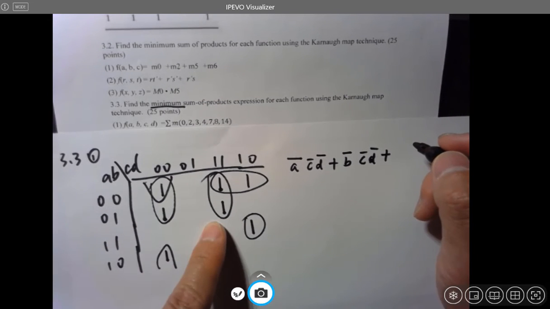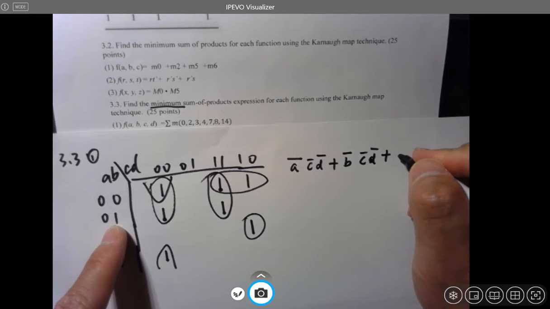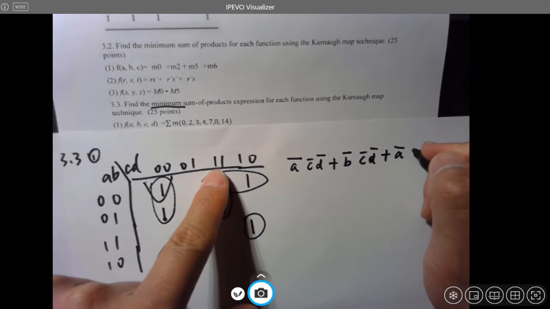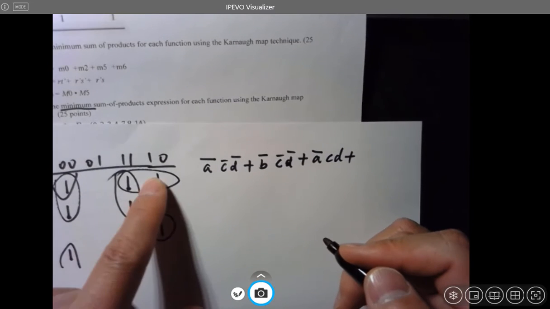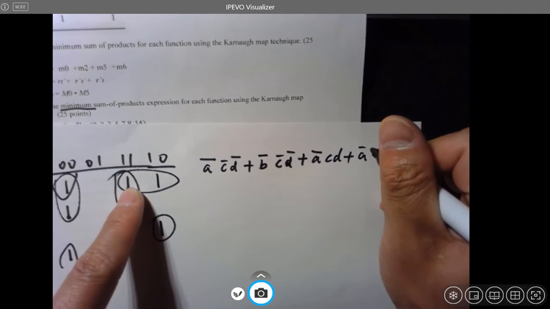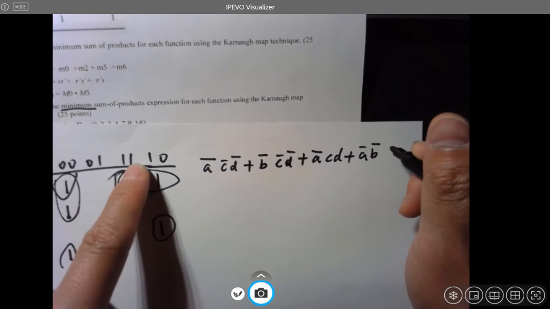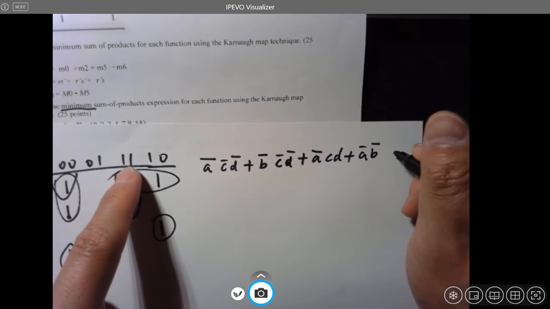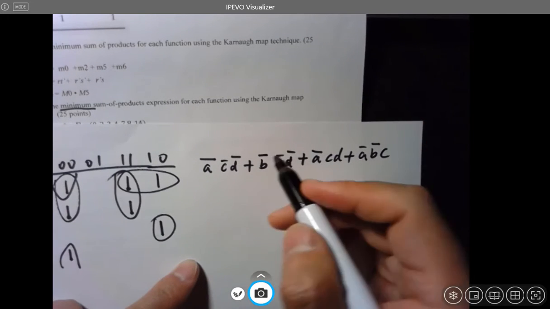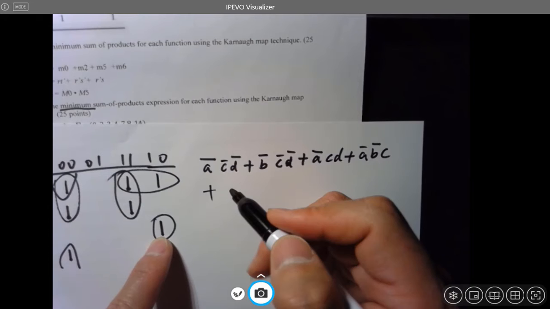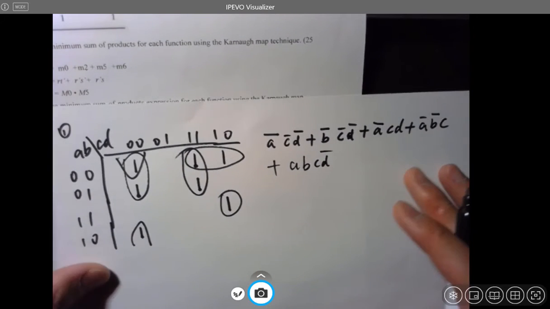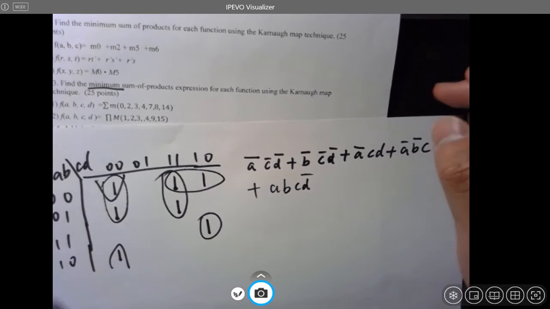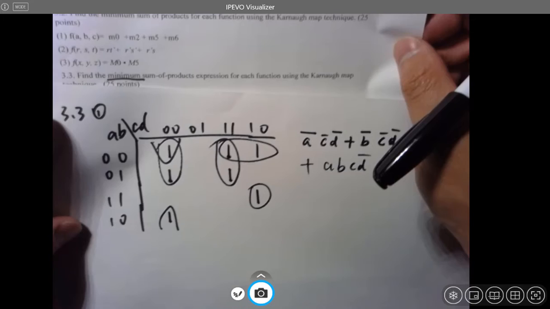These two, B is toggled, so A naught, C, D. These two, A naught, B naught. D is toggled, so C. And the last one, which is this single one, A, B, C, D naught. Right? It's hard to simplify from there anymore, so just use it.